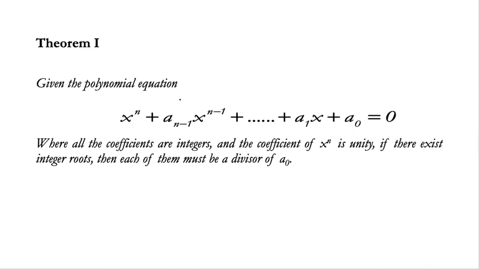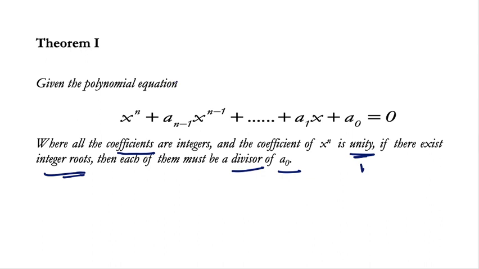Given the polynomial equation x to the power of n plus a_(n-1) times x to the power of n minus 1, plus until a1 times x plus a constant a naught equals 0, where all the coefficients are integers, not fractions, and the coefficient of x to the power of n is unity, or 1. If there exist integer roots, then each of them must be a divisor of the constant a naught.